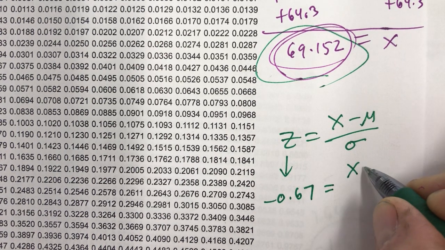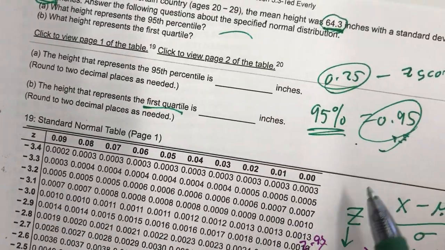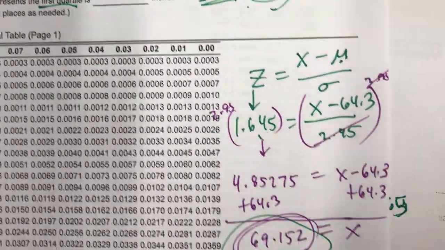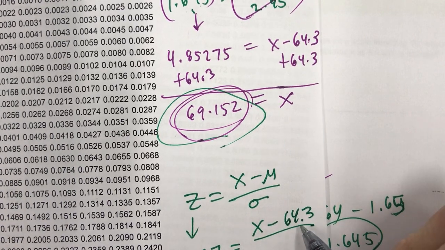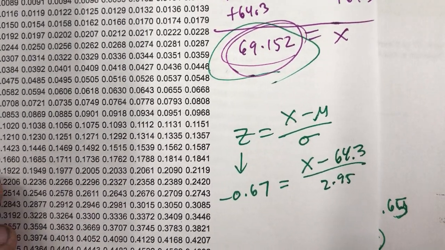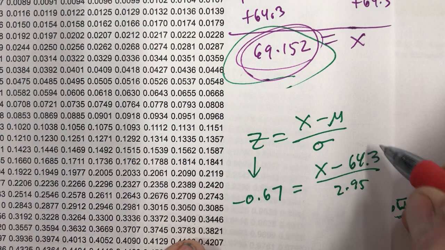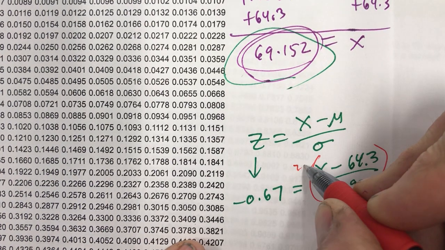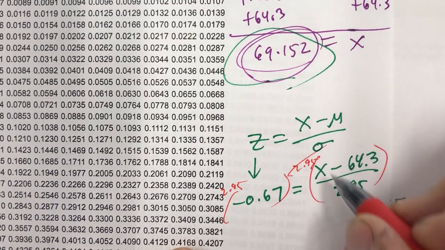I don't know what this x value is, but we're told in here that the mean was 64.3, and the standard deviation is 2.95. So I put those in, and I just want to solve this equation here. The first thing I'm going to do is multiply by 2.95 on both sides to make this cancel off.